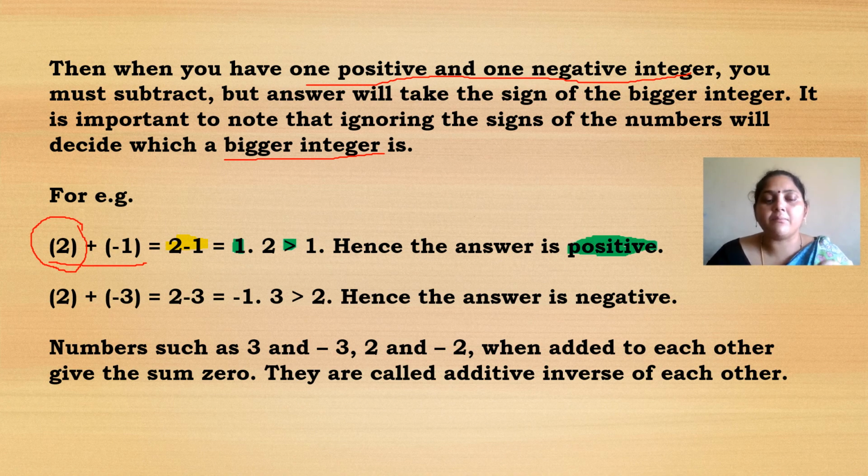The bigger number will have one sign. You have to observe what that sign is and give the answer the bigger number's sign only. So here my bigger number is 2, with a positive sign. That's why I have given a positive sign to my answer.